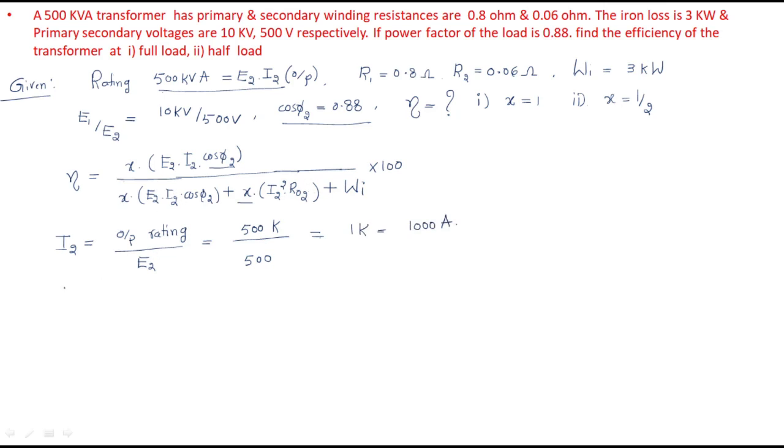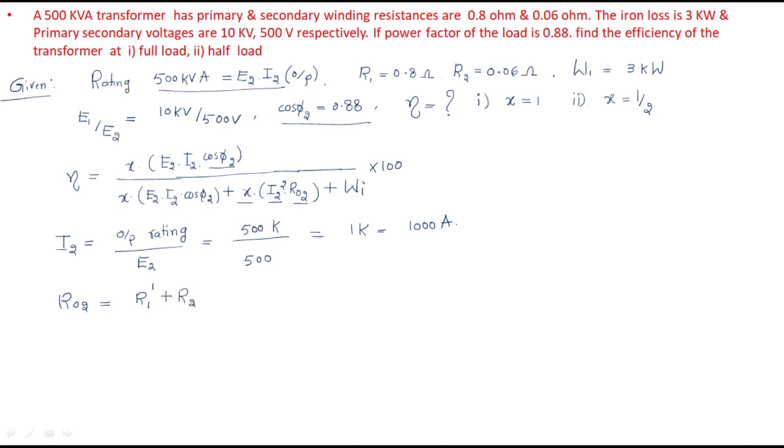But we don't know R02. First I2 is completed, next R02. What is R02? R02 is the total resistance of the transformer referred to secondary. Then we can write it as R1 dash plus R2.